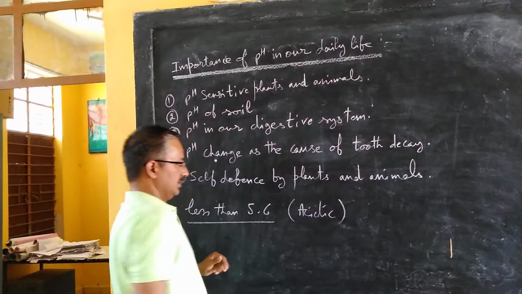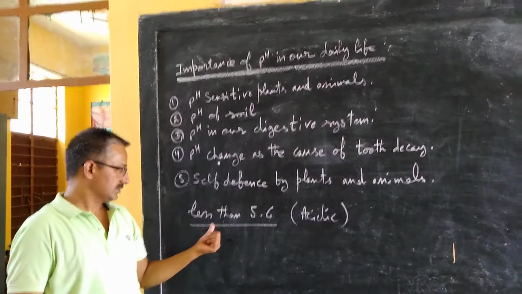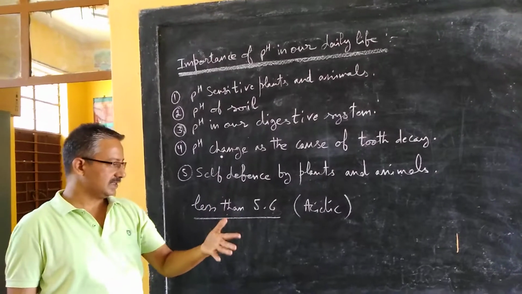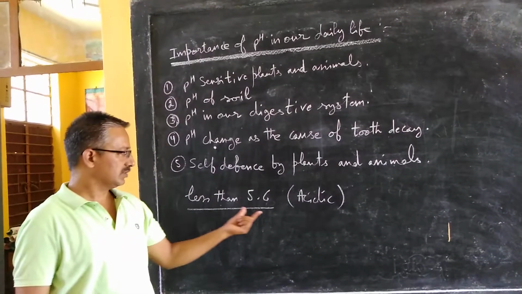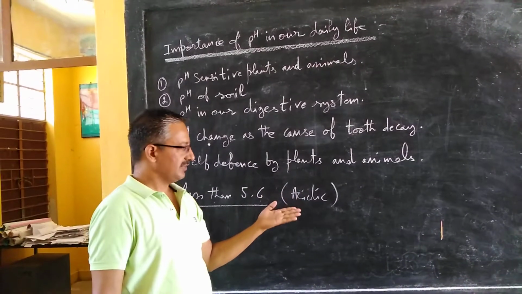As you know, if the pH value is less than 7, then it is acidic in nature. So, we will say that rainwater is acidic or it is acid rain, when the pH value comes out to be less than 5.6.